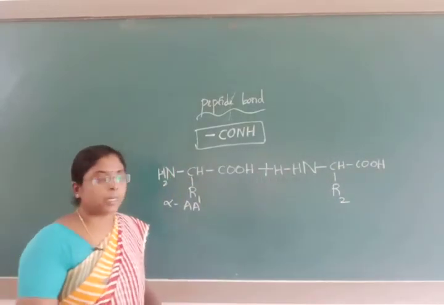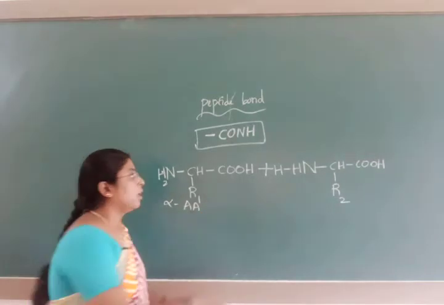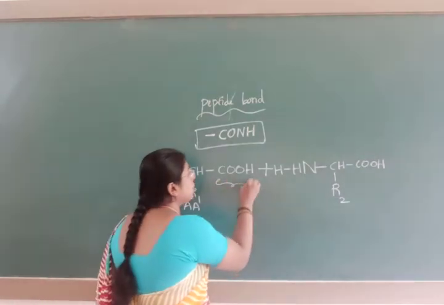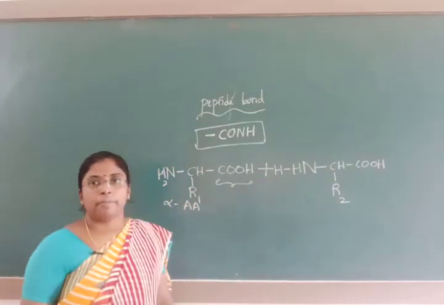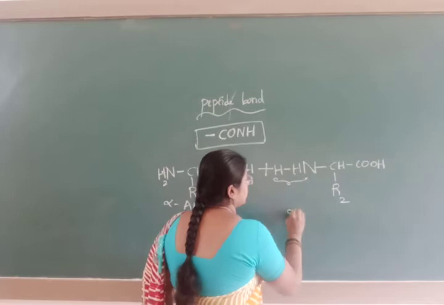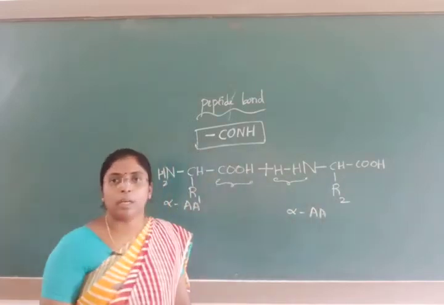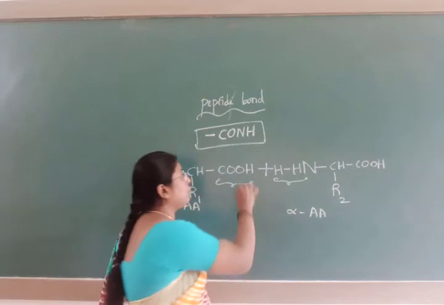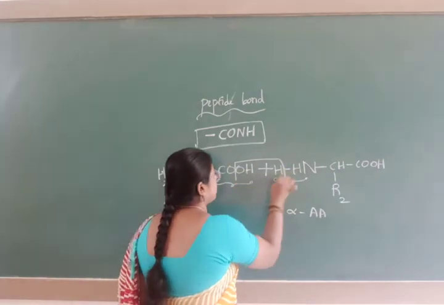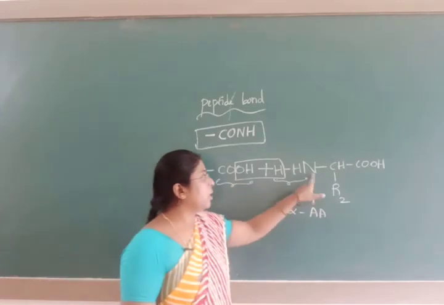Here an amide linkage is formed by the reaction of the carboxylic group of one amino acid with the amino group of another amino acid, by the elimination of a water molecule. There is a formation of CONH.